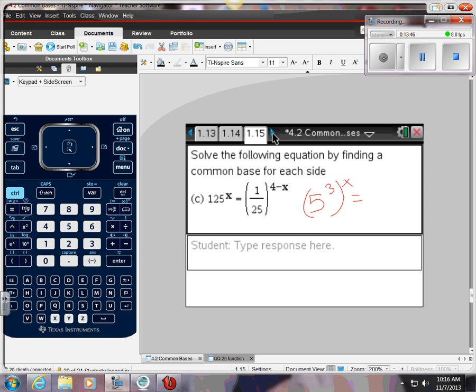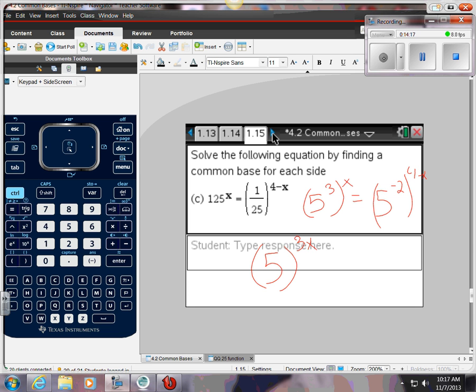Our right-hand side equals 5 to the -2, remember our exponent rule with a negative makes it a fraction, so that's how we got -2. So that is raised to 4 minus x. Okay. Now we power to a power, distribute.